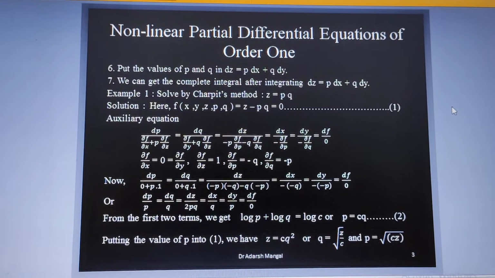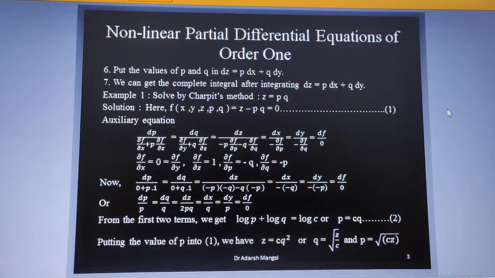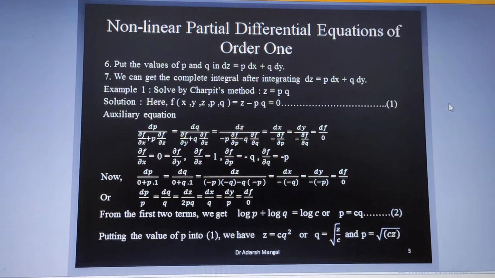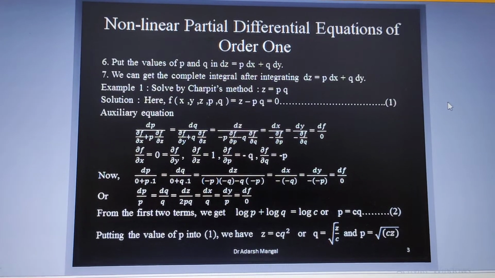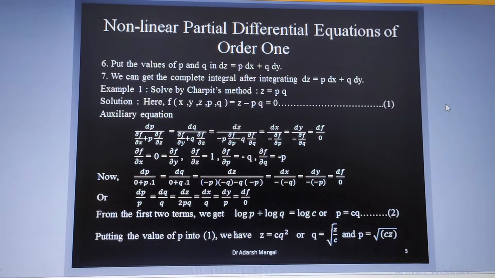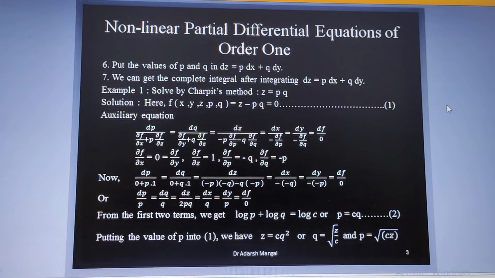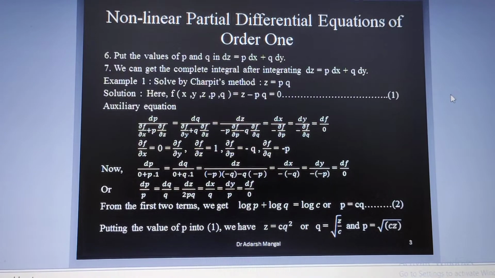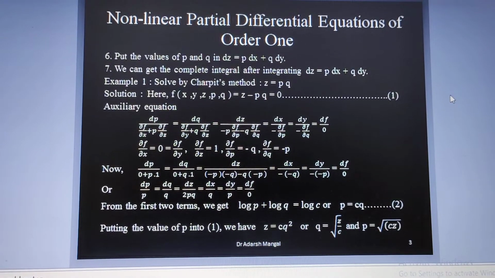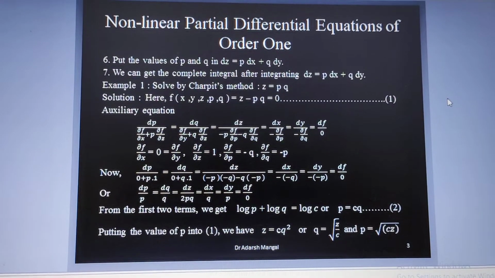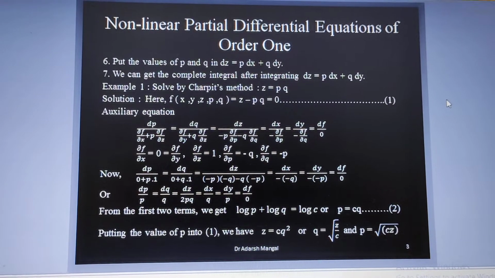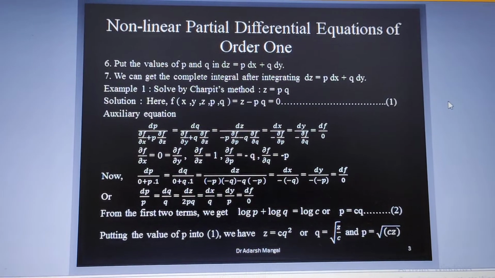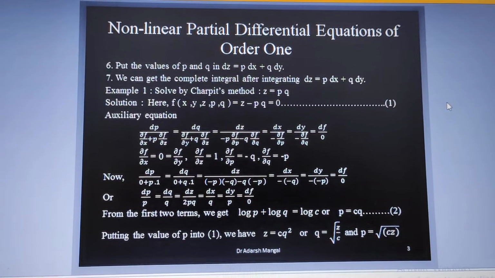Now to find a relation between p and q, we take the first two terms. dp upon p is equal to dq by q. Integrating it, we have log p is equal to log q plus log c. Here it is written log p plus log q is equal to log c by mistake.